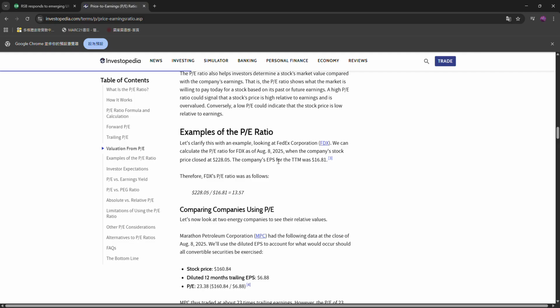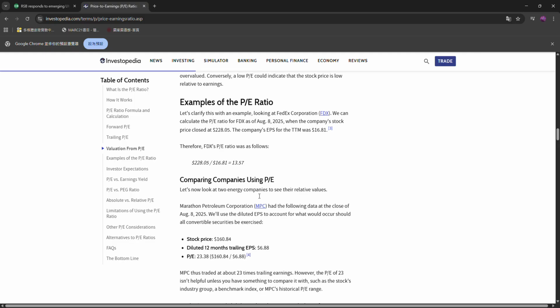The company's EPS for the TTM was 16.81. Therefore, the FDX PE ratio was as follows: 228.05 divided by 16.81 equals 13.57.